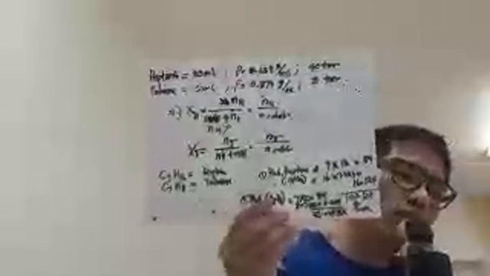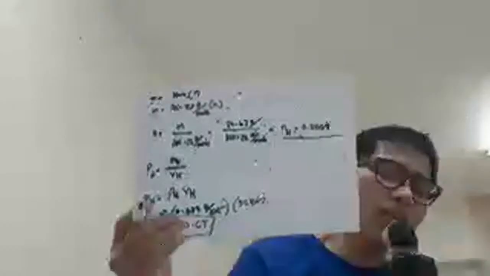So the number of moles of heptane is on my other paper. Heptane is 0.2064. Okay, look at the addition, 0.2064. Substitute that here. So the number of moles of heptane, again, 0.2064.